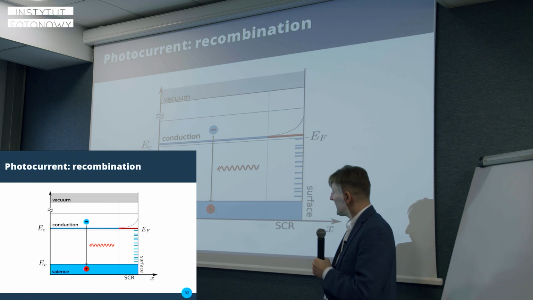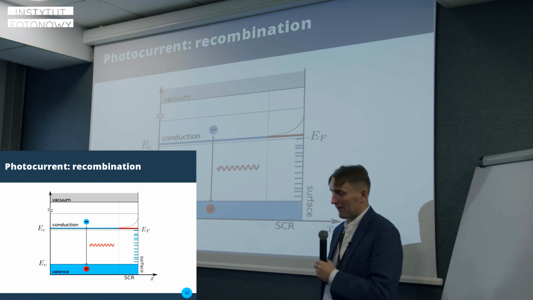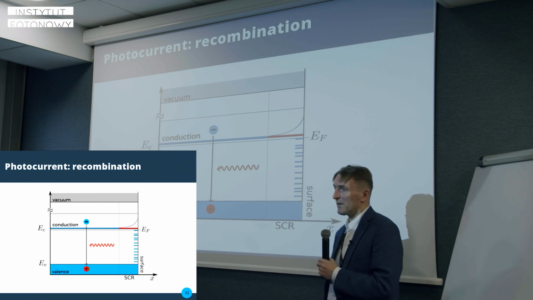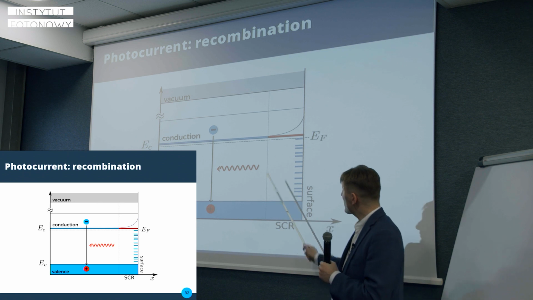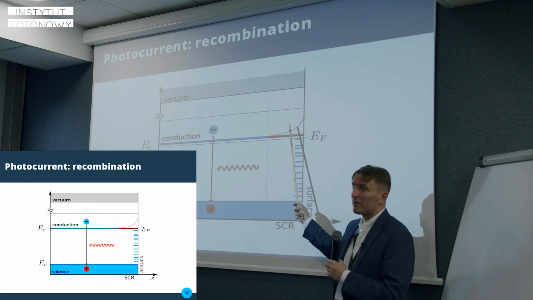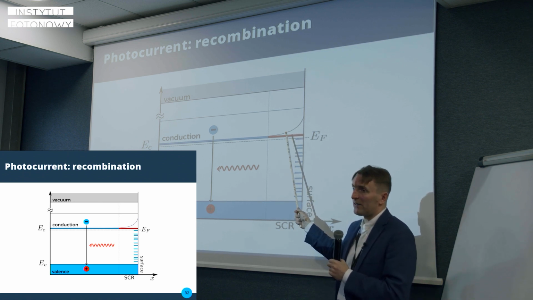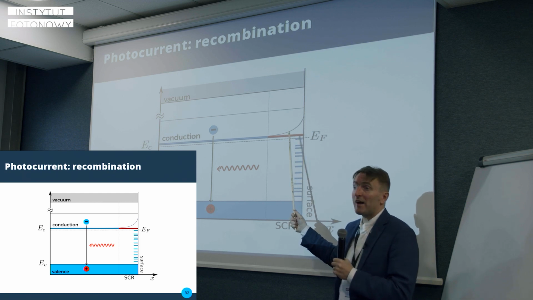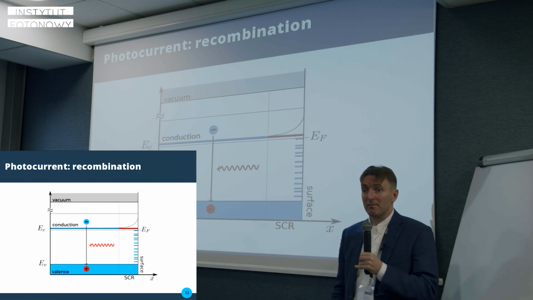However, there is this savior here. This is the space charge region. And because of the potential here, there's a strong electric field in this charge void region.